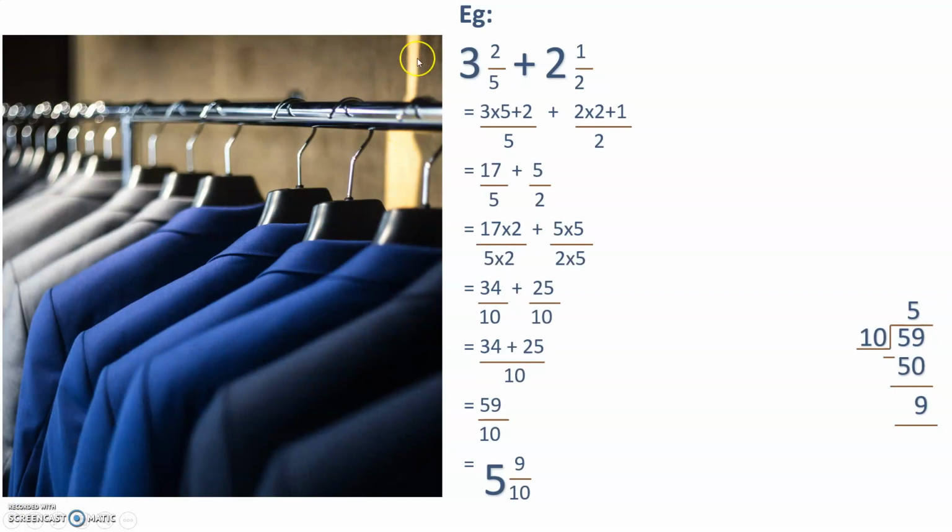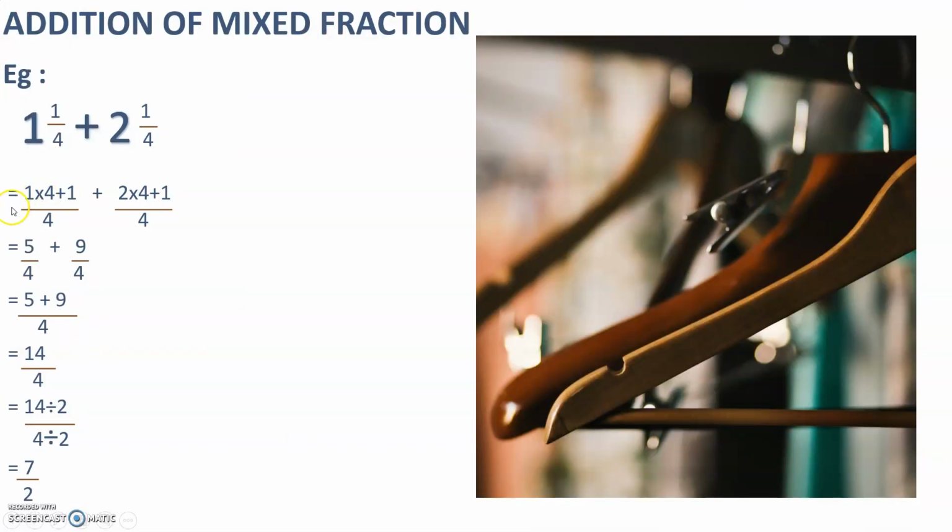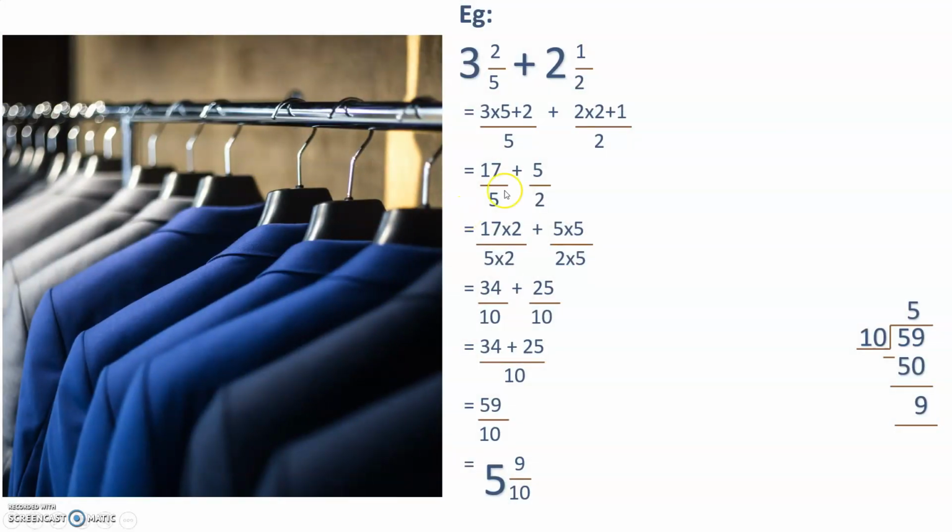One more example. See, 3 2 upon 5 plus 2 1 upon 2. We need to convert. So we'll convert. See, with this we need to multiply and then we need to add this number. Now in previous example, the denominators were equal. Now in this example, the denominators are different.